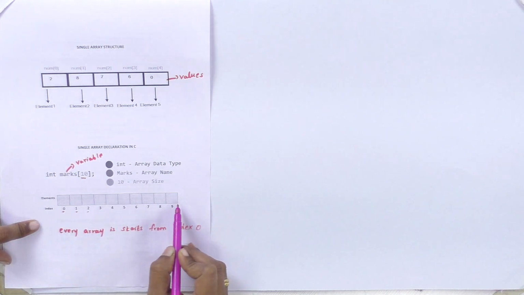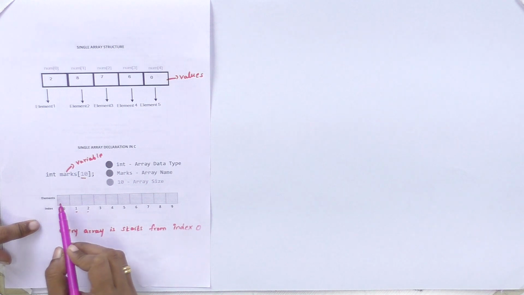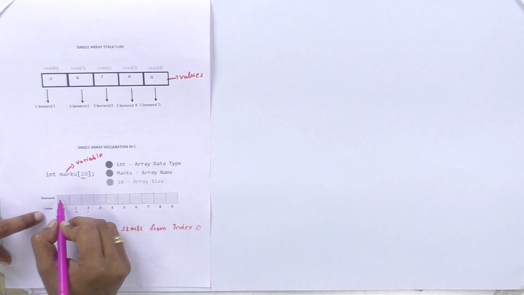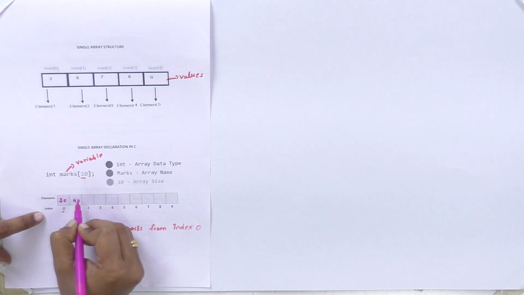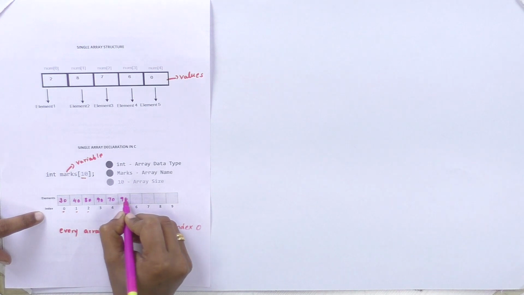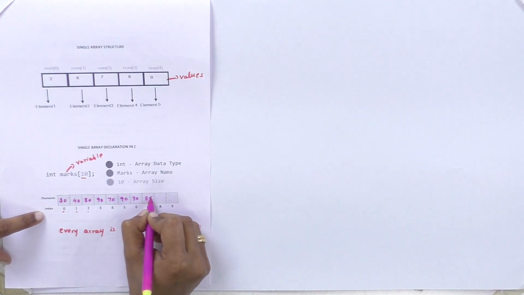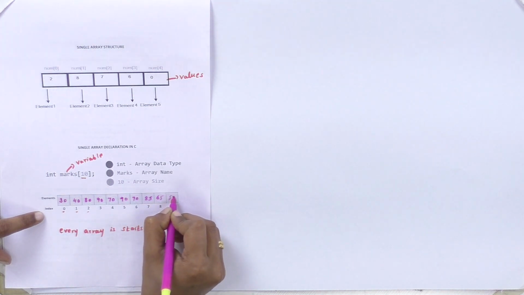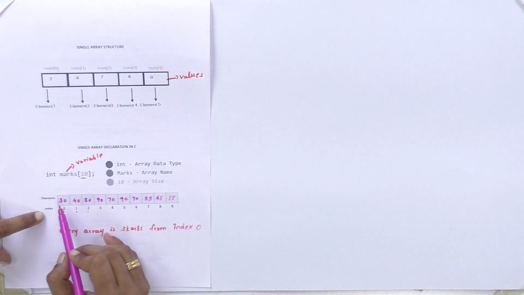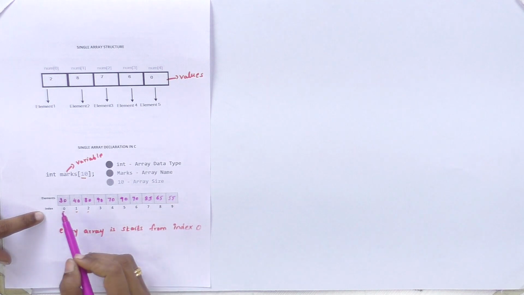So these indexes hold the 10 values. Let me store elements like 30, 40, 80, 90. So these are all the 10 values we are storing in an array structure.